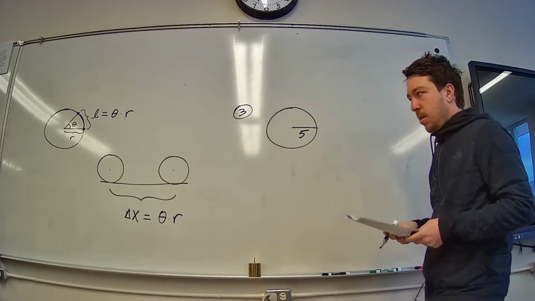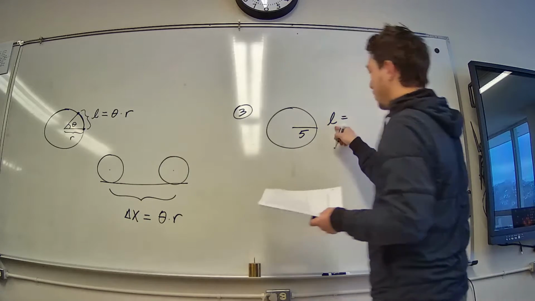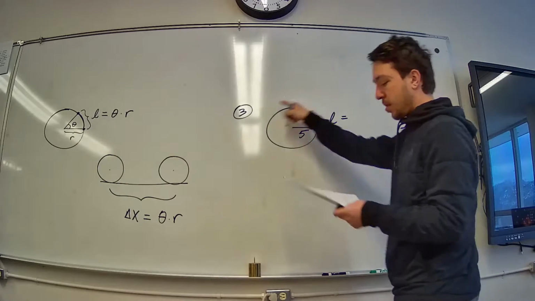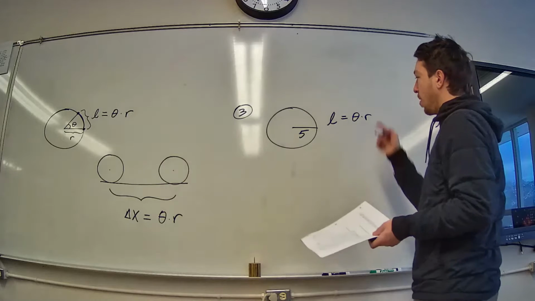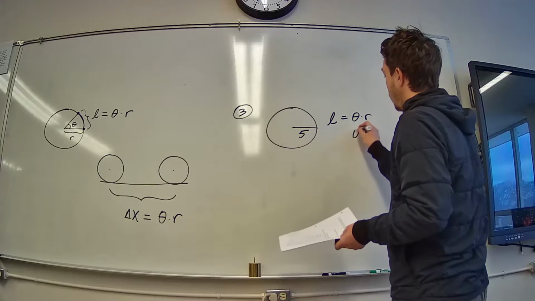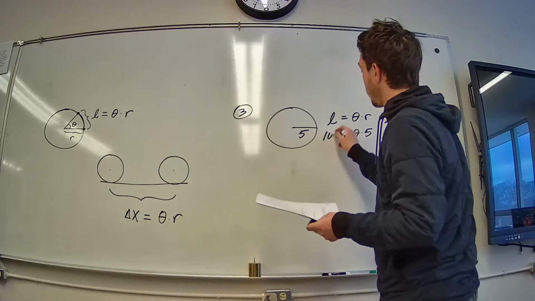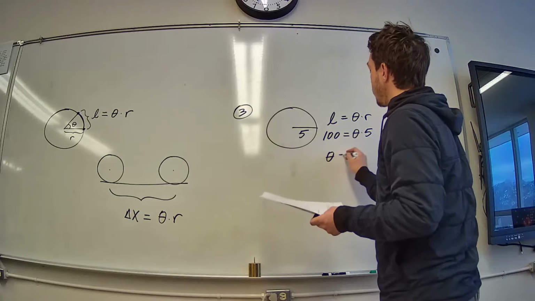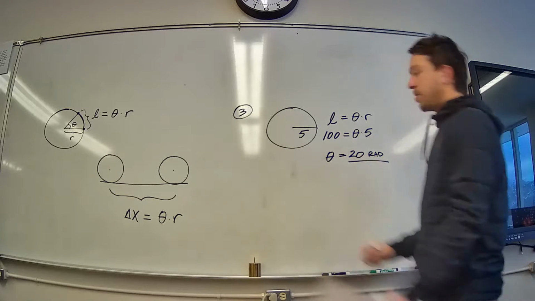So the arc length, the distance you traveled around the circle, is equal to the angle you went times the radius. We know the radius, right? We're solving for theta. And what's L? 100. So the answer here is 20 radians.